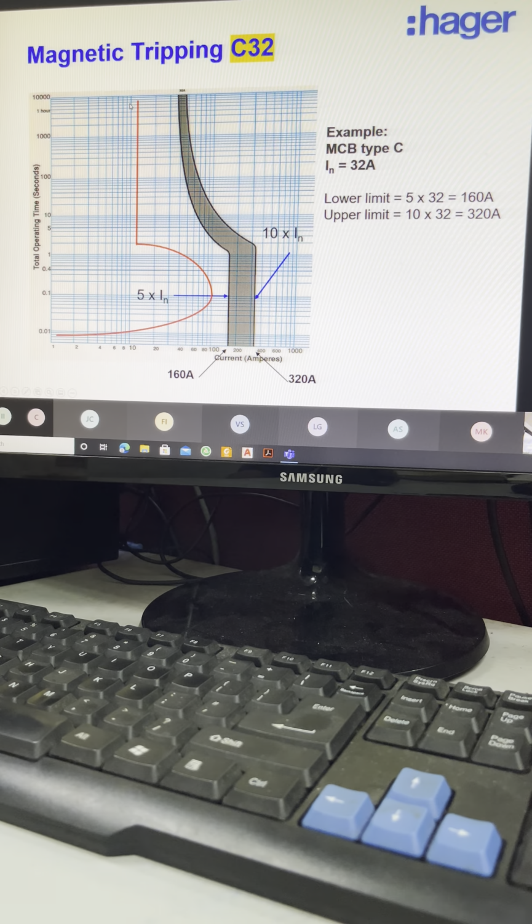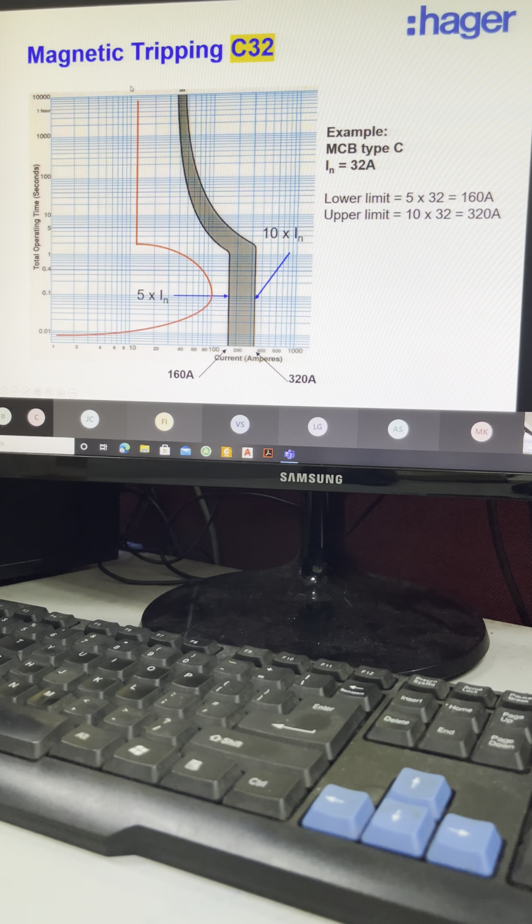and your instantaneous tripping, your magnetic tripping, must make sure it is not within the starting current. Otherwise, when you start your load, it will cause nuisance tripping. Okay, these are the two important parts.